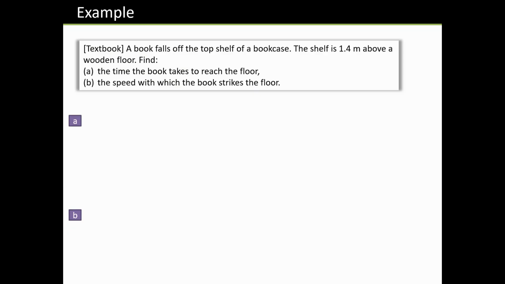So, example 1. You'll have found with the first two parts of this Suvat part of chapter 9 that they give you a lot of information. And you're probably looking at this question and thinking they haven't really told me anything. They've just told me a book falls off the top of a bookcase and it's 1.4 meters above the ground.